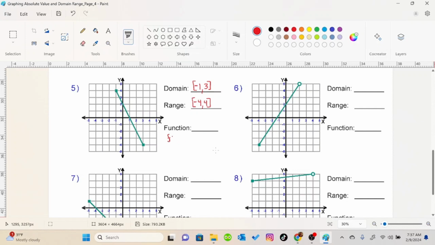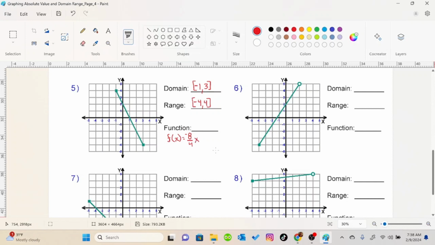Our function would be f of x equals our slope. If we start at 4 and go down to -4, that's 8, -8. And we go over from -1 to 3, so we go over 4.